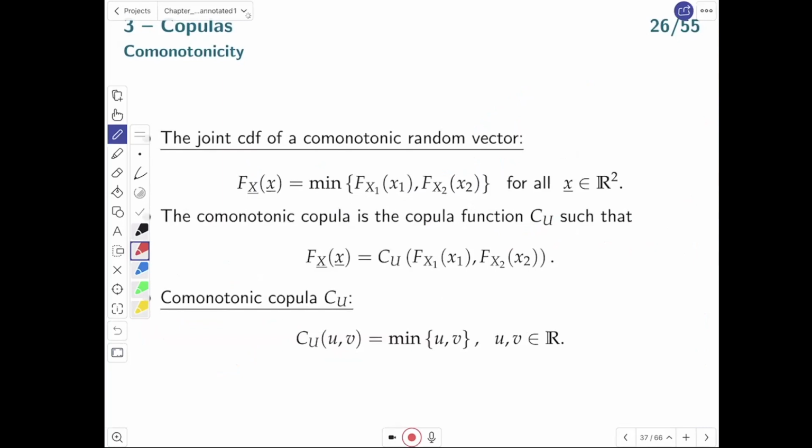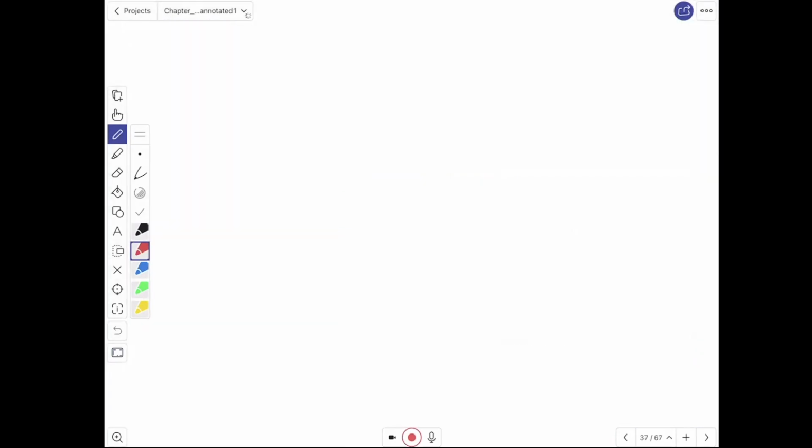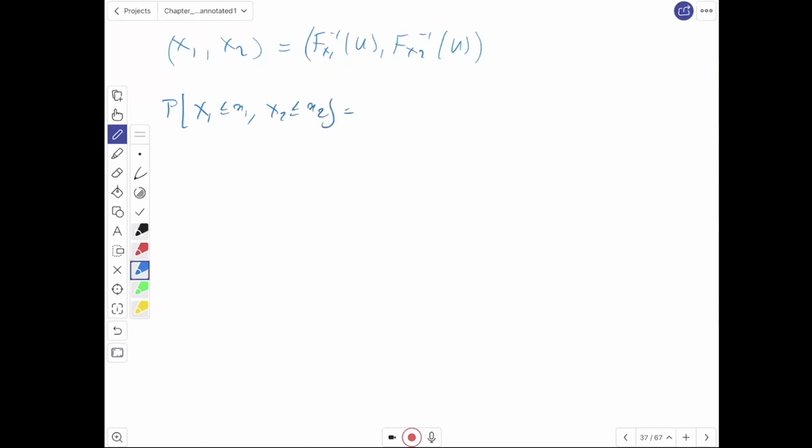Okay, let's have a look at the CDF of a comonotonic random vector. Assume that (x1, x2) is given by this comonotonic random vector, and let's derive the joint CDF. So I'm looking at the probability that X1 is smaller than x1 and X2 is smaller than x2.